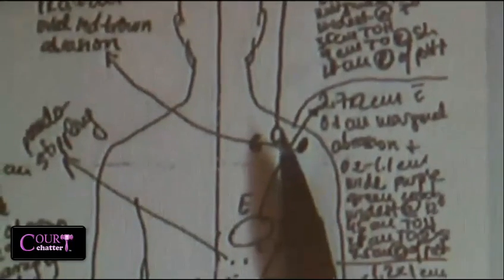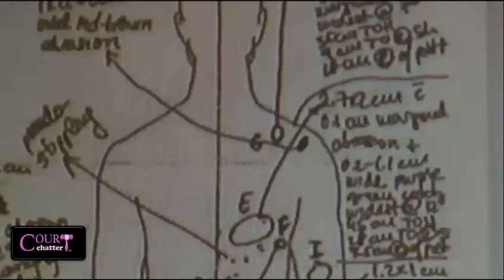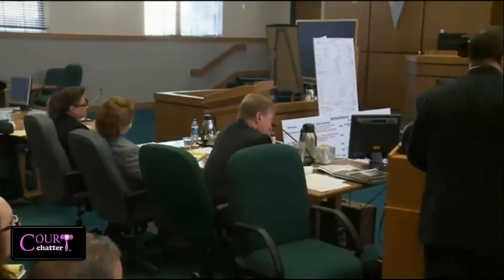We have gunshot wound G, right shoulder, lodged in the neck. We have gunshot wound D, entered on the right flank, lower right flank, traveled through the body, lodged in the front of the liver after destroying the liver.